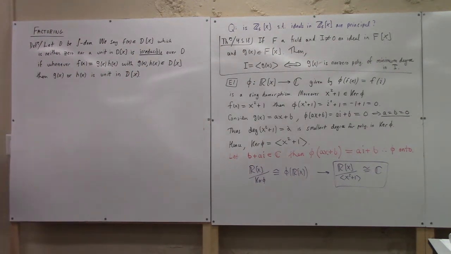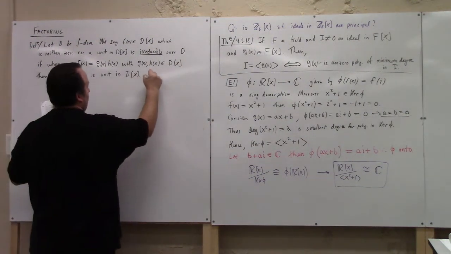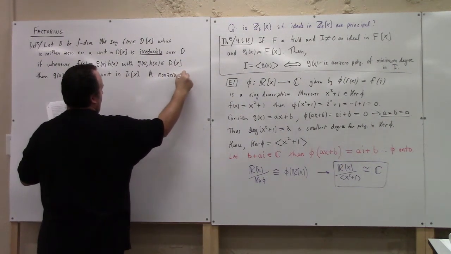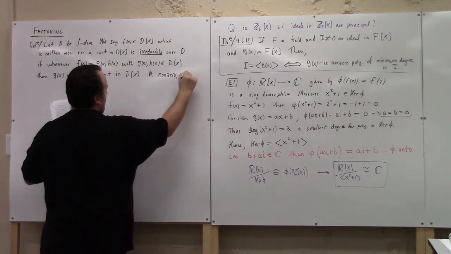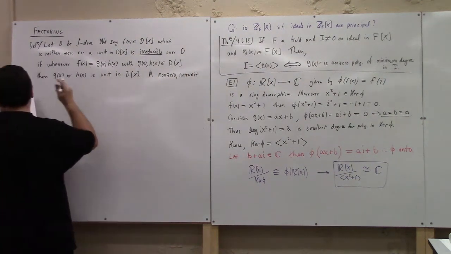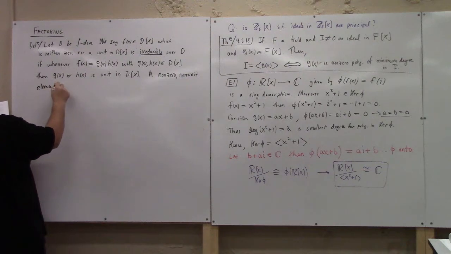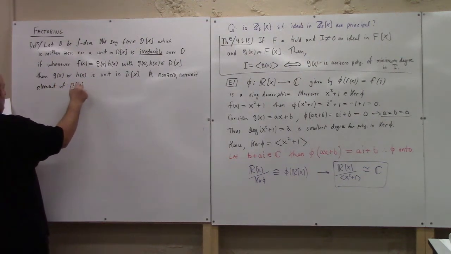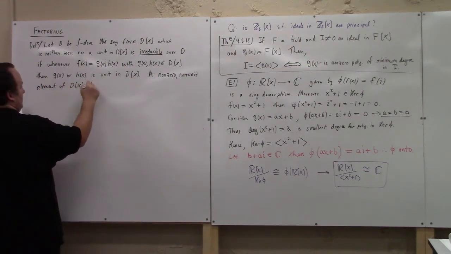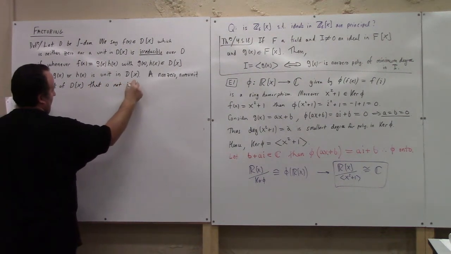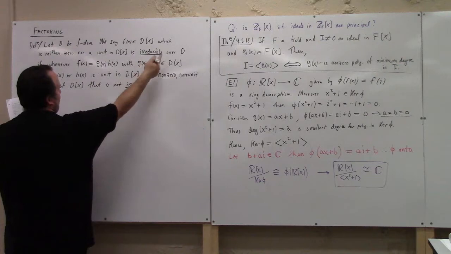A non-zero, non-unit element of D of x that is not irreducible is reducible. By the way, that's the last time you'll see me write out irreducible.